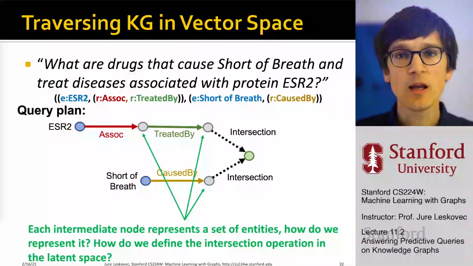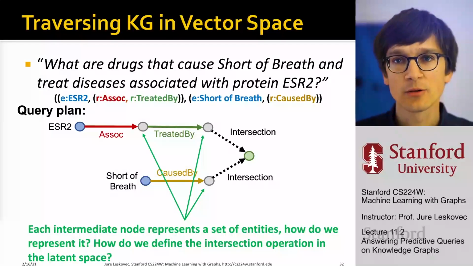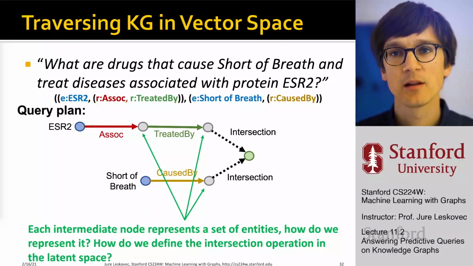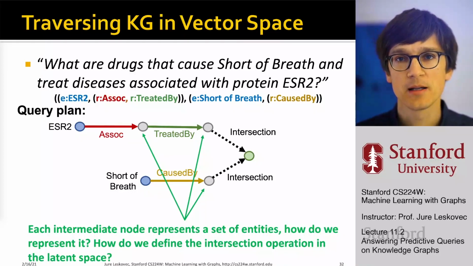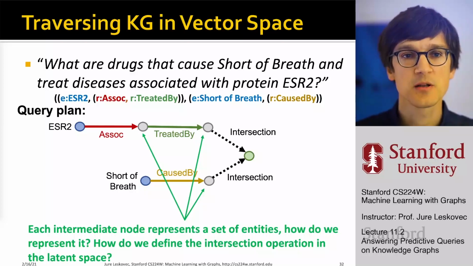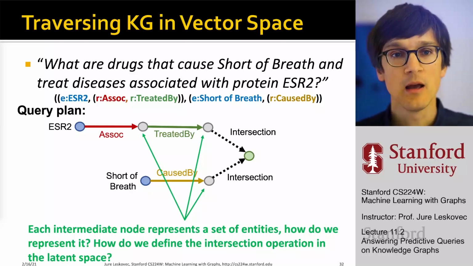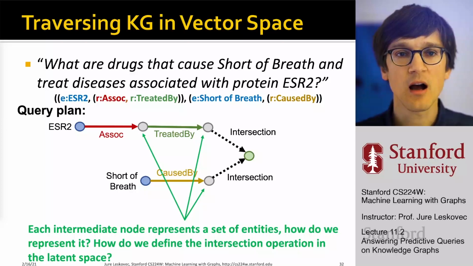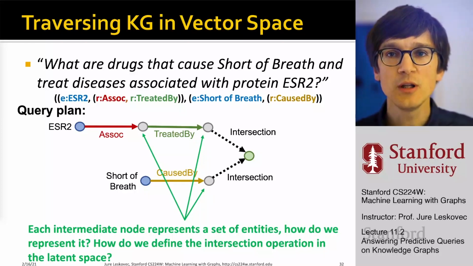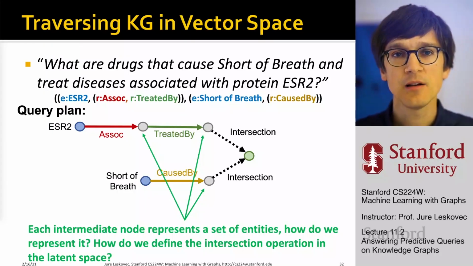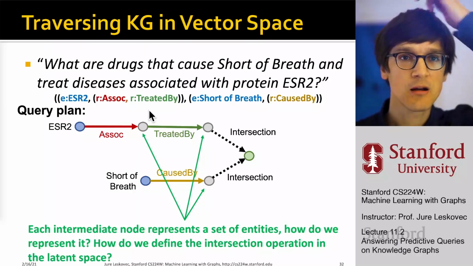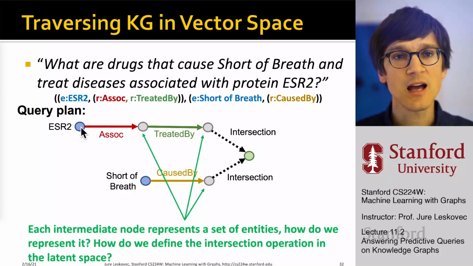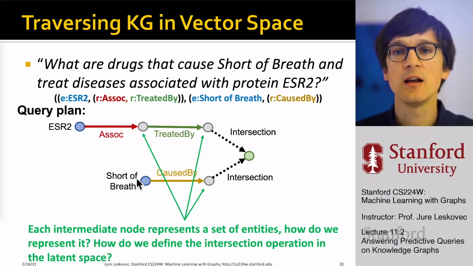So going back to our question of how we would implement logical operations like intersection, an AND operator, in this setting where we want to answer more complex queries in a predictive way, the question becomes how do we do this in the embedding space? The first insight is that in this query plan I showed, the starting anchor nodes are single entities.